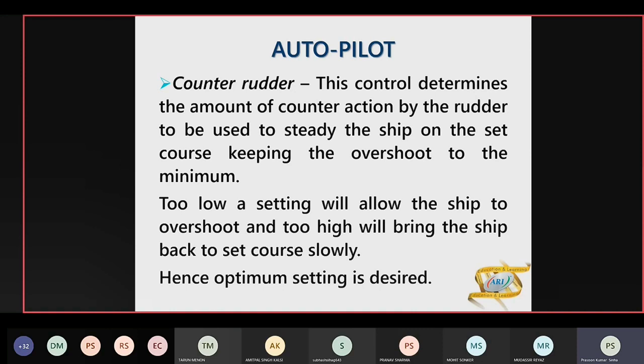Again, if less counter rudder given, overshoot will be more. अगर ज्यादा काउंटर कर देंगे तो हो सकता है कि कोर्स के आने के पहले ही रुक जाए. So again, this should be optimally adjusted so that counter rudder is able to balance out the overshoot and not stopping it from coming to the set course itself.